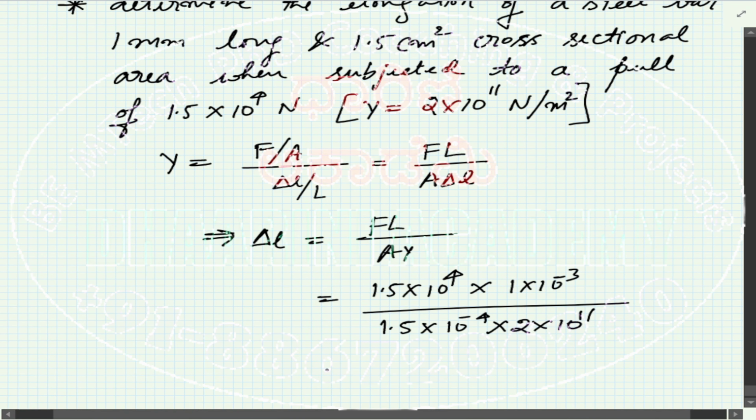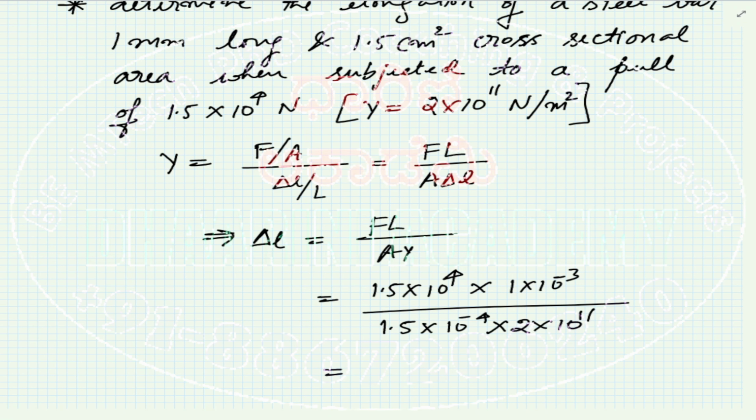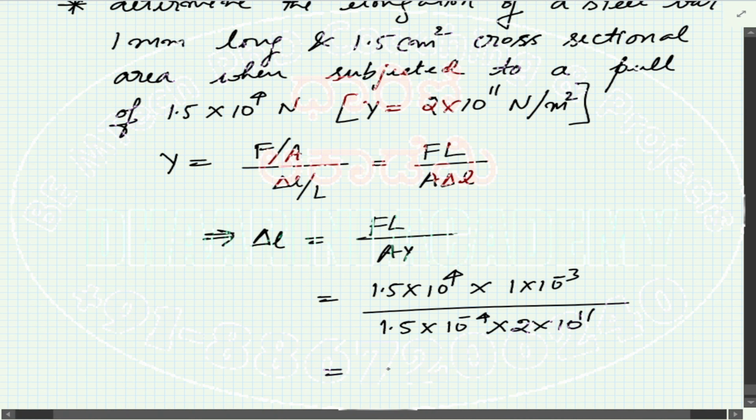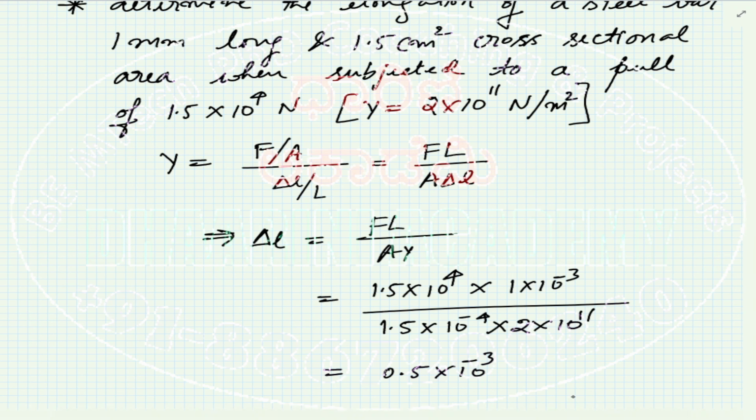Okay, so let's solve this now. When we substitute this in the calculator, 1.5 will cancel, 1 by 2 is 0.5, 4 and minus 4, 8 minus 11. So this becomes 0.5 into 10 to the minus 3.